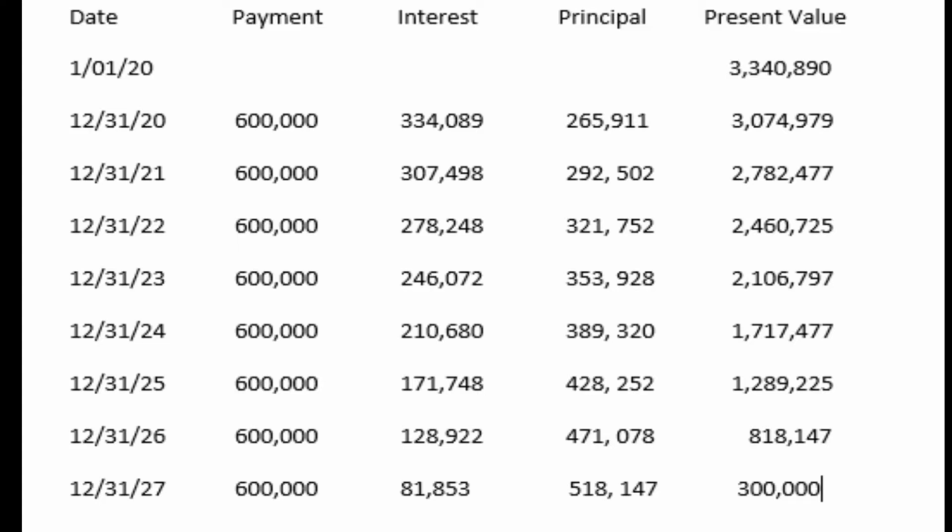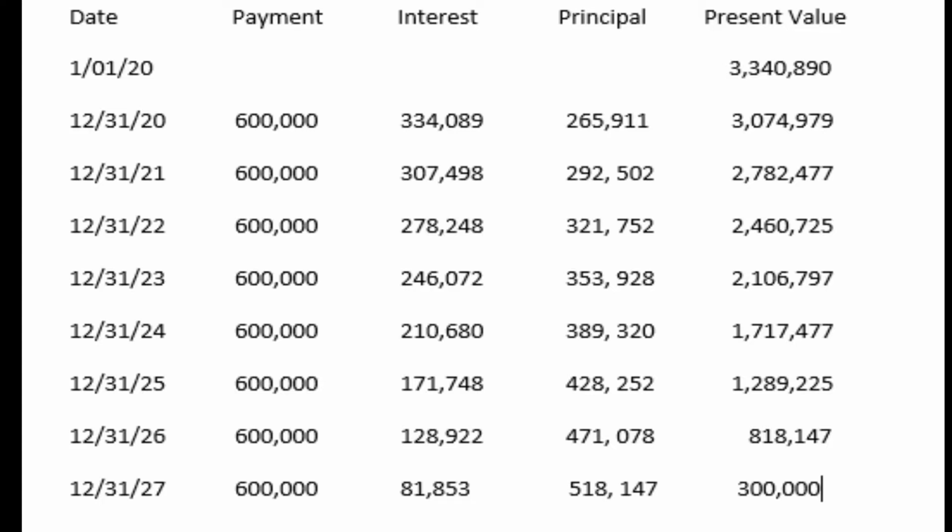Ngayon naman, gumawa tayo ng table of amortization. Ilagay ang date, payment, interest, principal, at present value. Present value natin ng 3,340,890 na ating net investment. Yung payment natin na kada taon 500,000. Interest na present value times the rate na 0.10, kaya meron tayong 334,089.